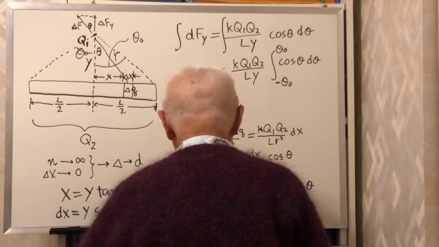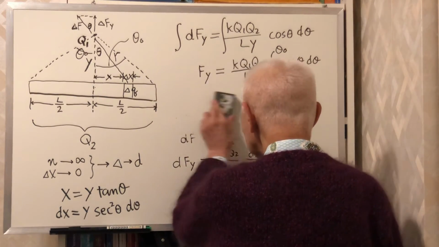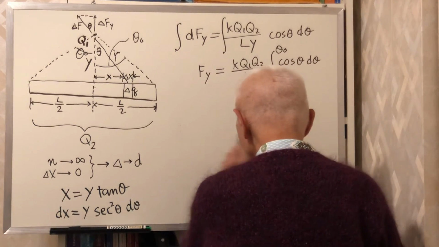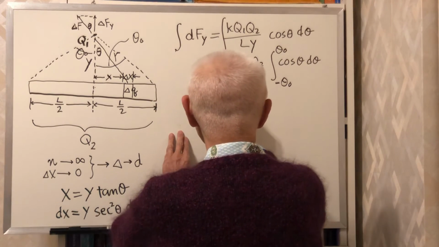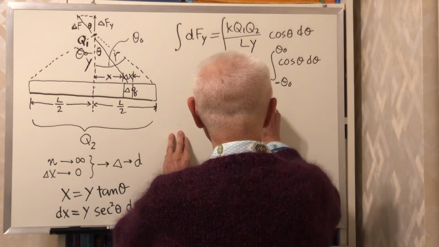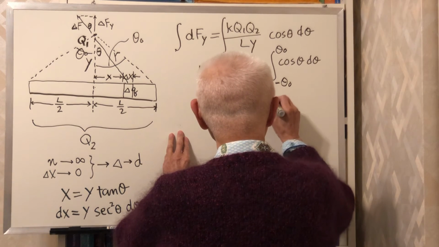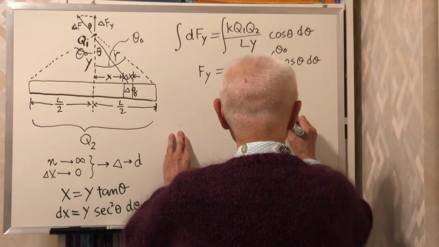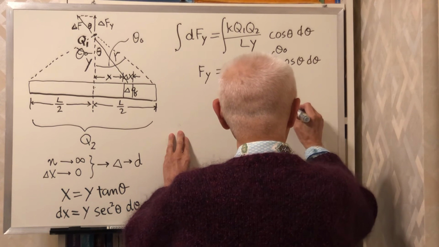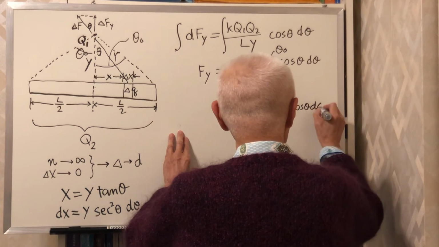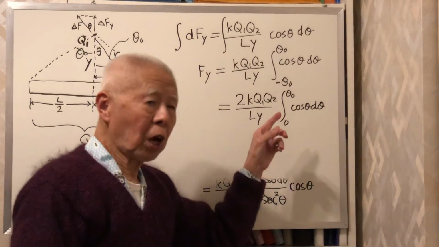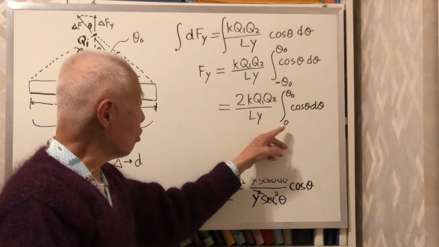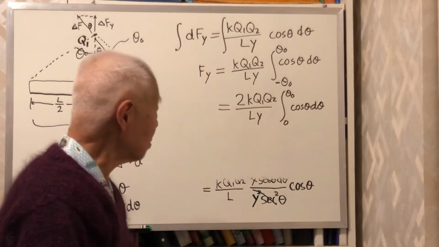So from negative theta 0 to positive theta 0 is 2 times from 0 to positive theta 0.